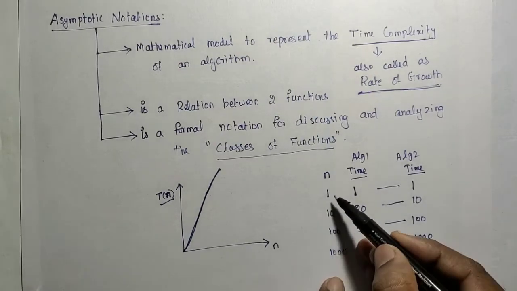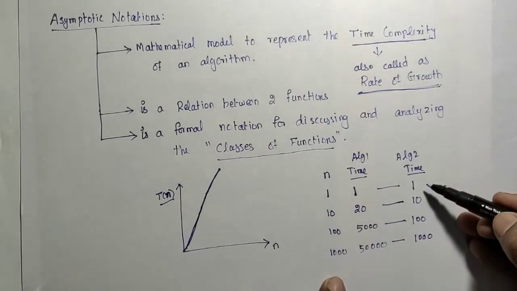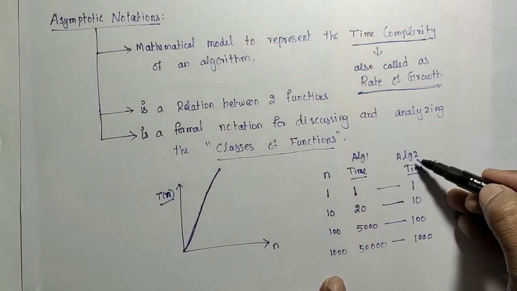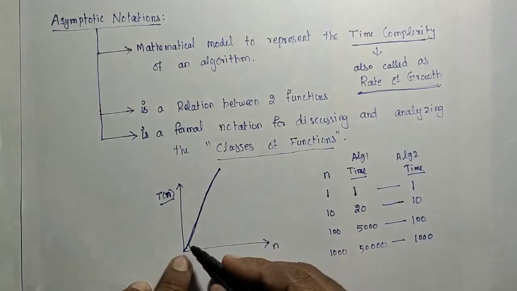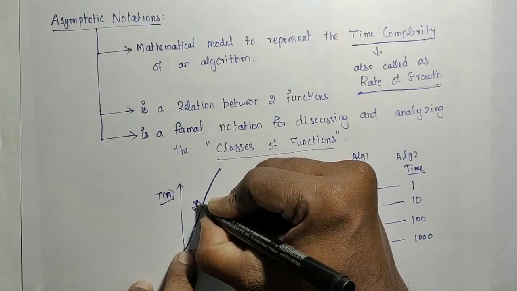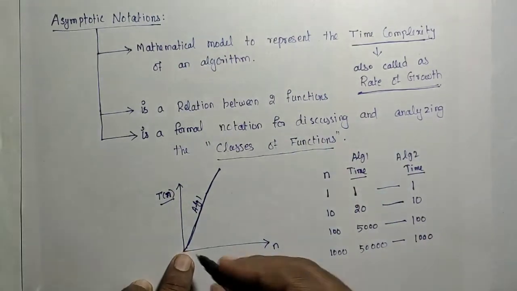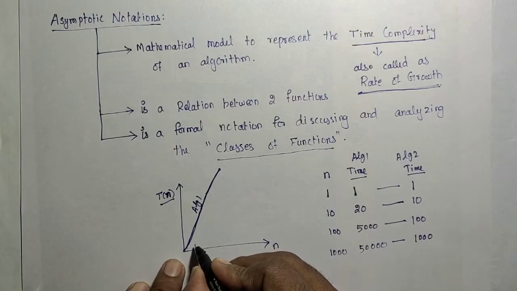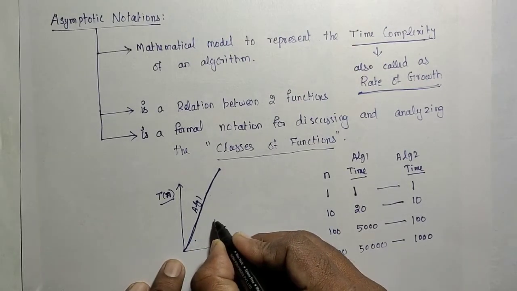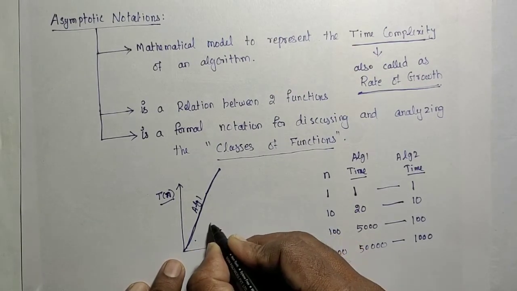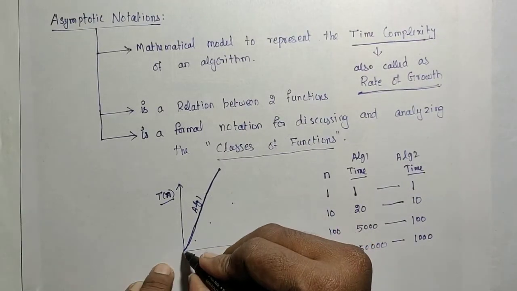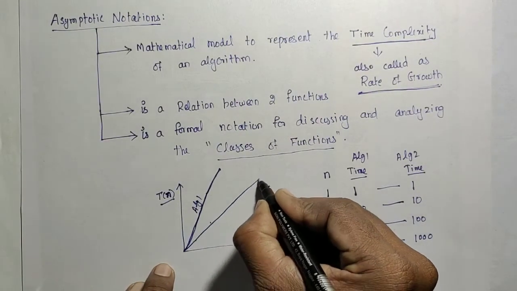So as you are increasing the input size, this much change happens in the execution time for algorithm 2. This is the rate of growth for algorithm 1: for 1 it is 1, 10 is 10, 100 is 100, and then 1000. It is simply like this.